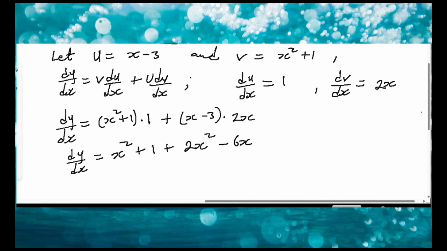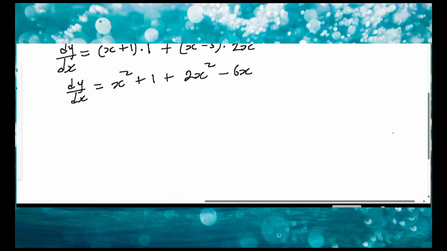So we're going to have dy/dx, and you can see grouping of like terms: x squared plus 2x squared minus 6x plus 1.